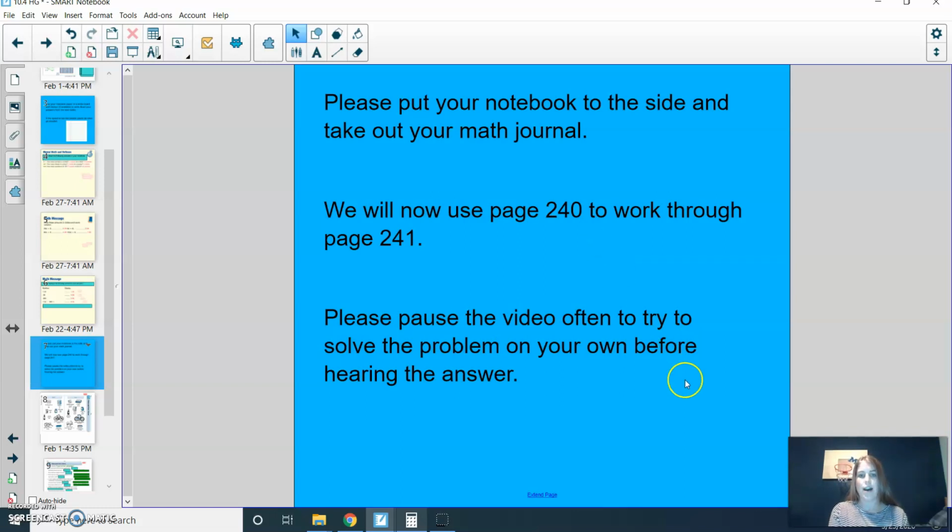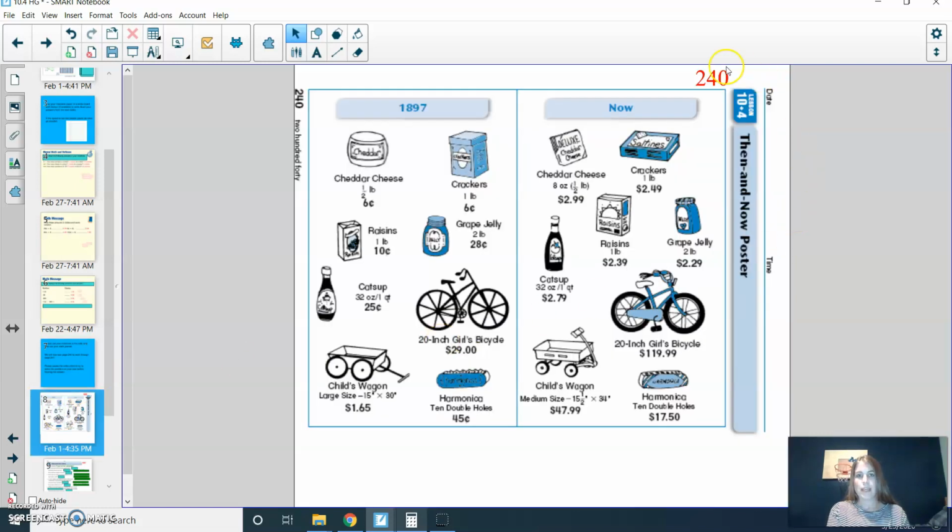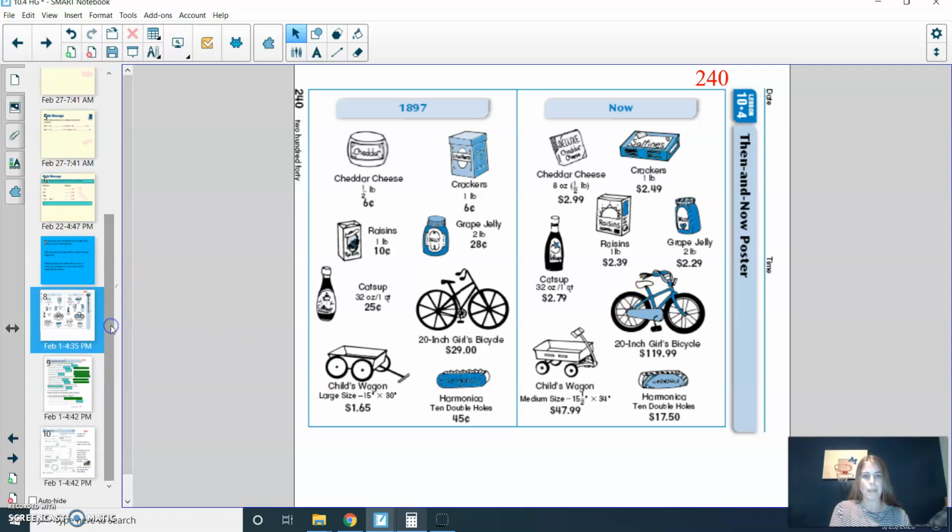Please pause the video often to try to solve the problem on your own before hearing the answer. And again, we're going to be using our calculator quite a bit for our math journal page today. So you're going to be able to look at page 240 to answer the questions on page 241. I'm going to refer to 240 next to me, so I'm not going to go back to this screen.